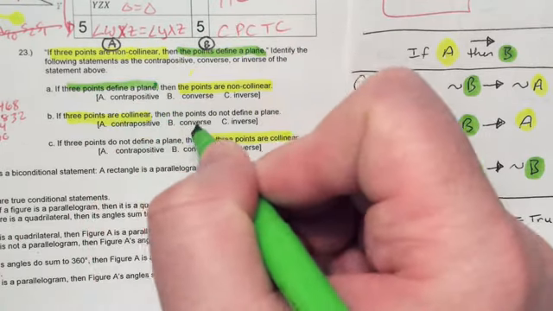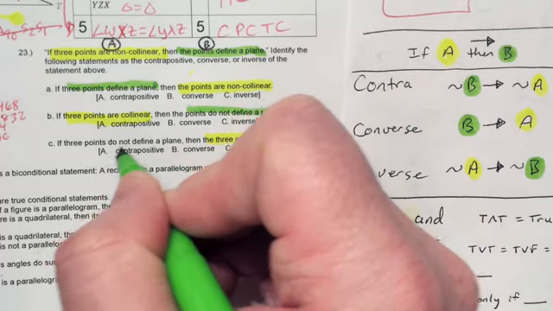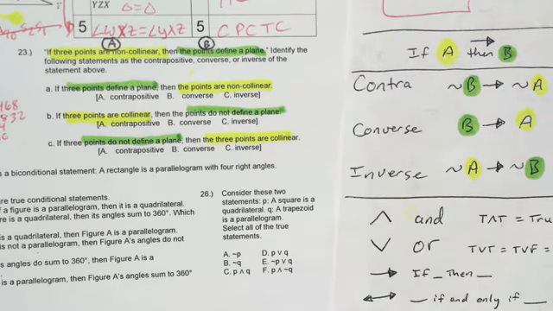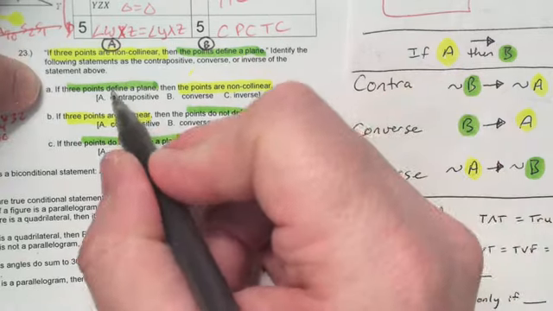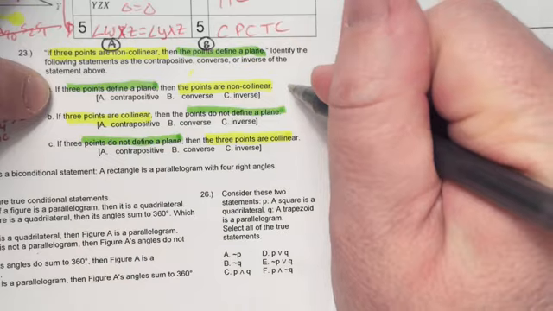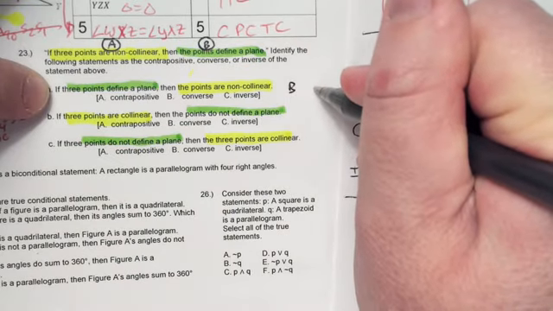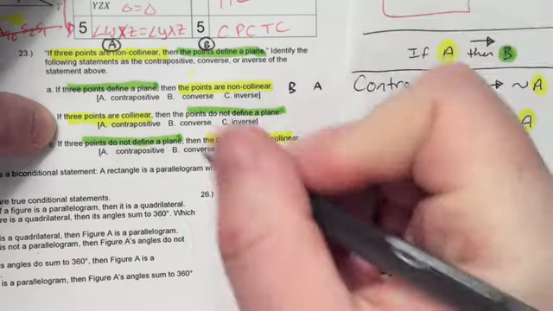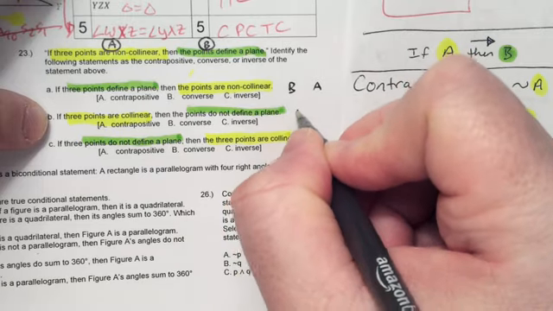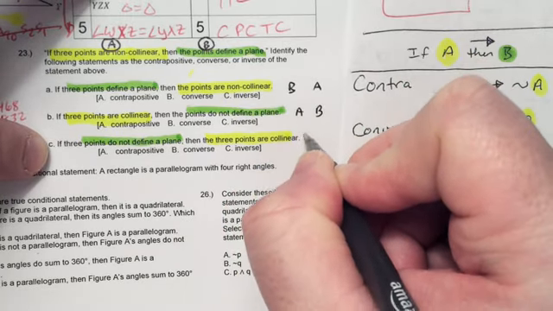So plane, plane, plane. All right, so let's figure out what they're talking about. Okay, so first of all, I know for a fact that this is B, then A. And this is A and B, and that is B and A.